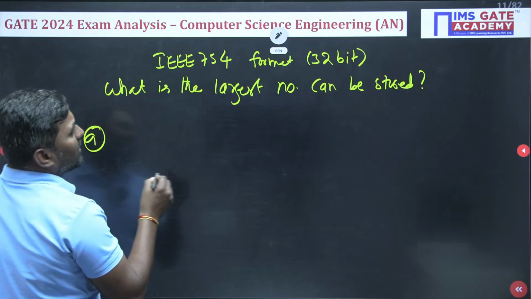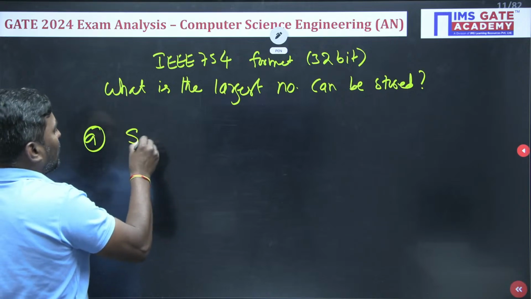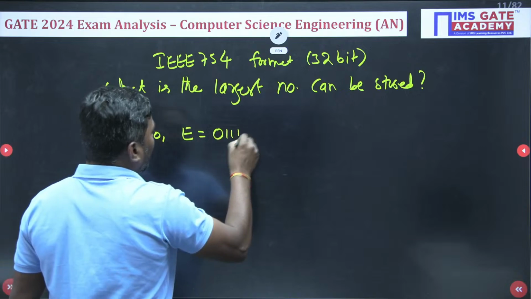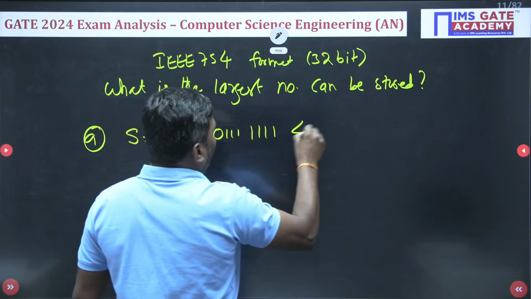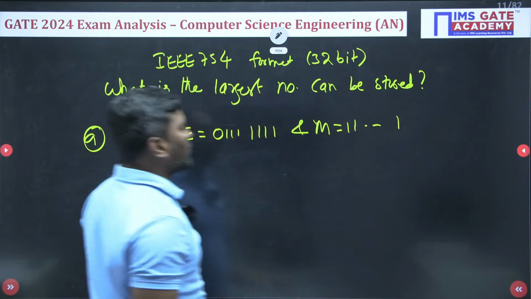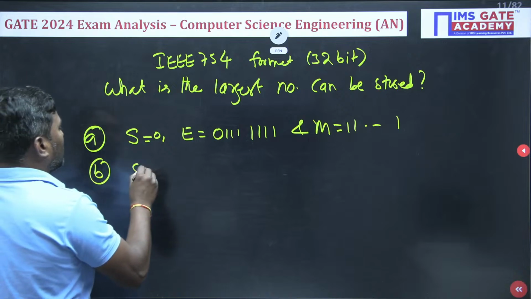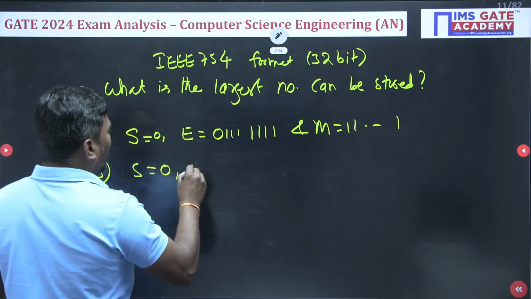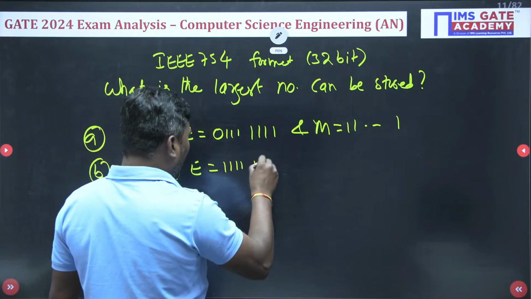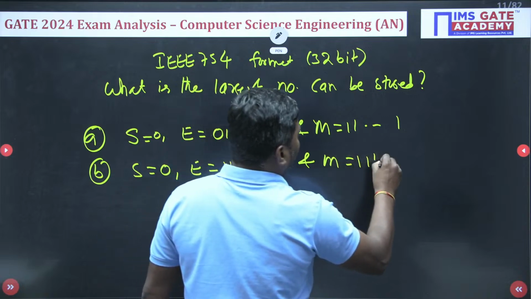I am segregating it: the sign bit is 0, the exponent is given as 0 1 1 1 1 1 1 1, and the mantissa has all ones, all 23 ones, right? Option B: S equal to 0, E equal to 1 1 1 1 1 1 1 0, and the mantissa is all ones.